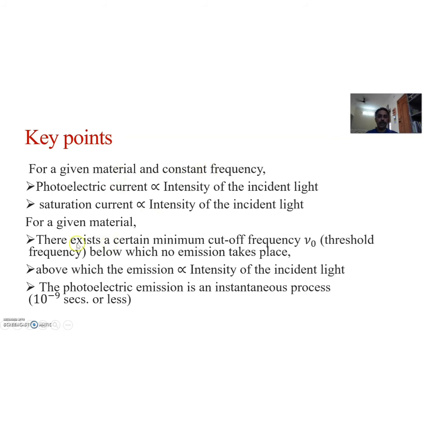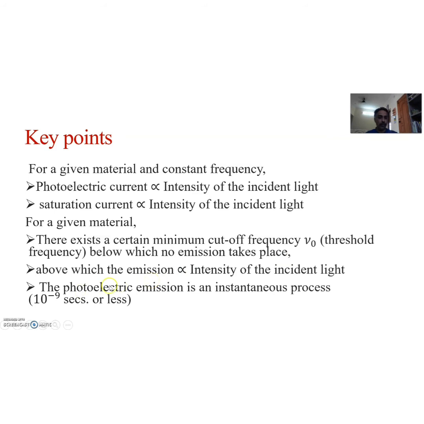And one more finding is that for a given material, there exists a certain minimum cutoff frequency, nu naught, which we call the threshold frequency, below which no emission takes place. Below this frequency, no photoelectric emission takes place. Above this frequency, the photoelectric emission is directly proportional to the intensity of the incident light, which means if the intensity increases, emission also increases.